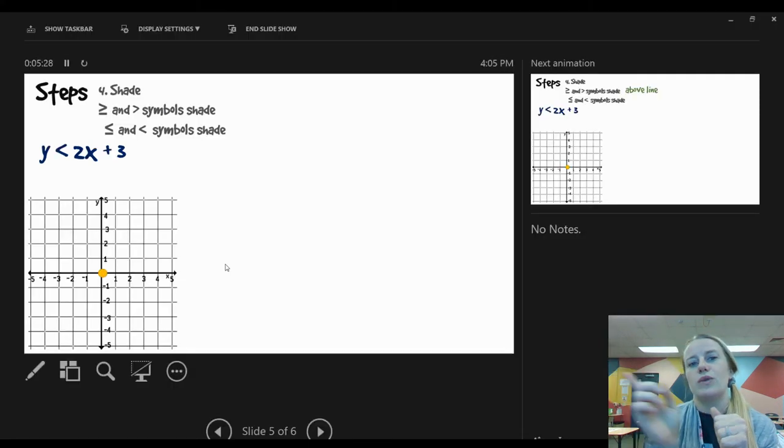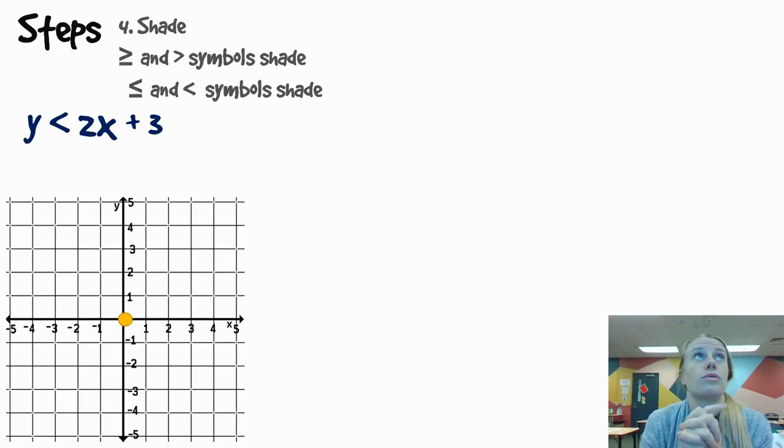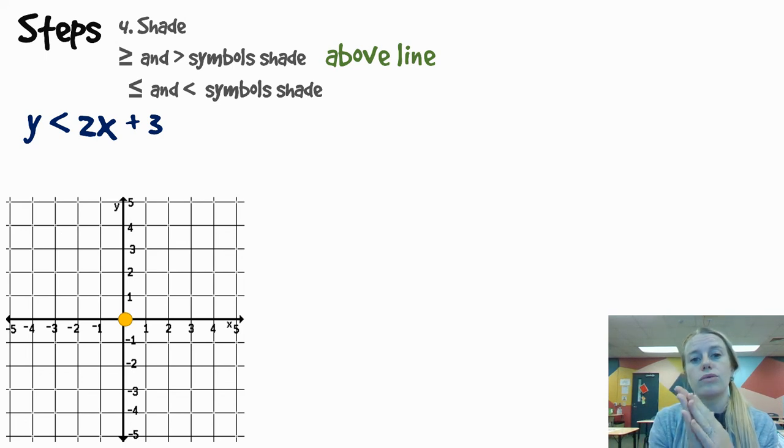So if it is pointed to the right, where it's greater than or greater than or equal to, we're going to shade what we call above the line, which really just means if we've got a line, we're going to shade over here to the right. And if we have it going the other way, the less than or equal to and the less than symbol, we're going to shade where it's pointing to.